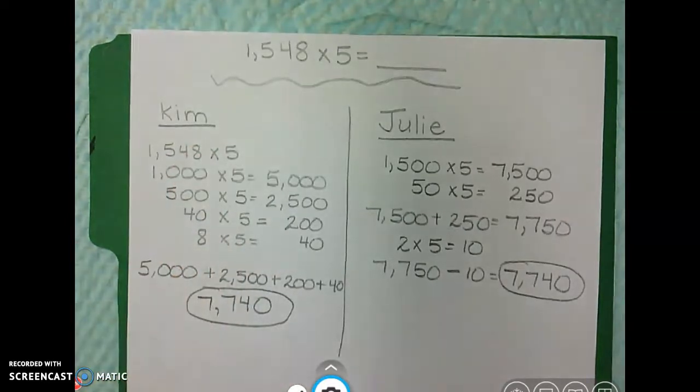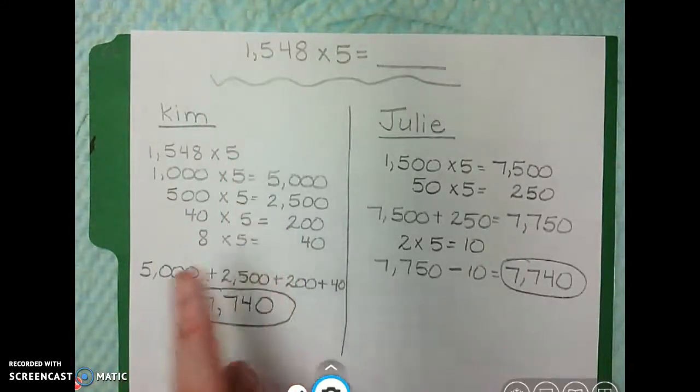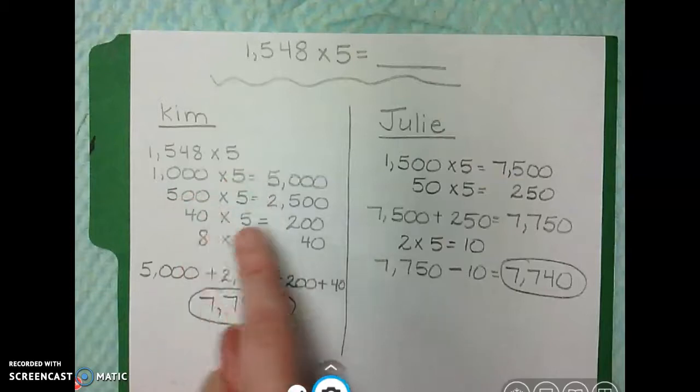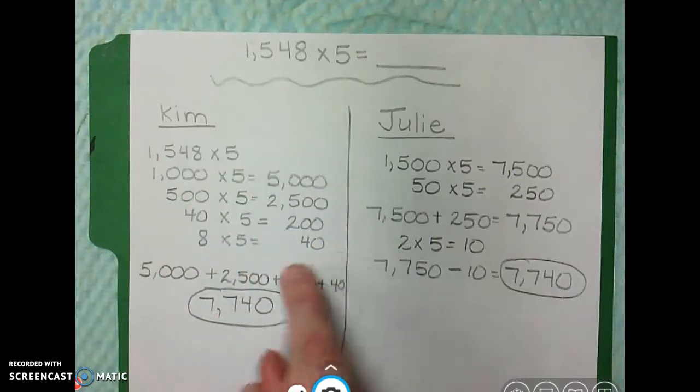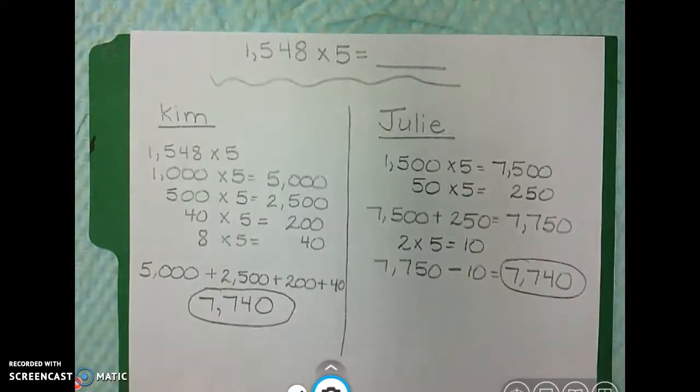And then I multiplied each of these different parts by 5. Once I multiplied each of these by 5, I took those answers and added everything up. So that gave me the grand total of 7,740. So the principal should buy 7,740 pencils so that all of the students get 5 pencils each.